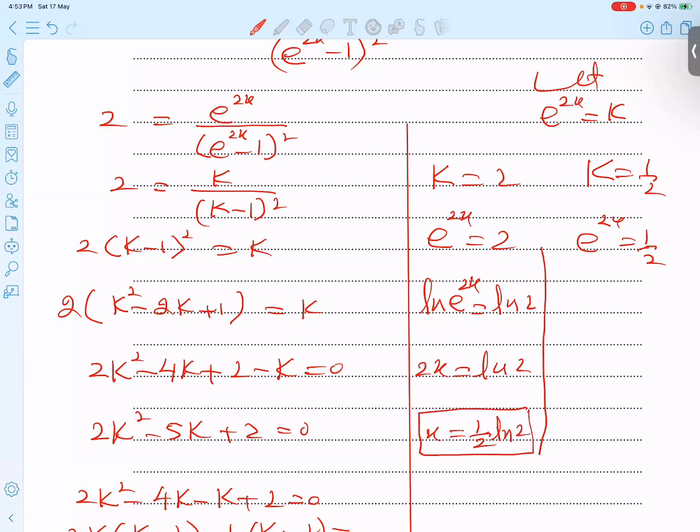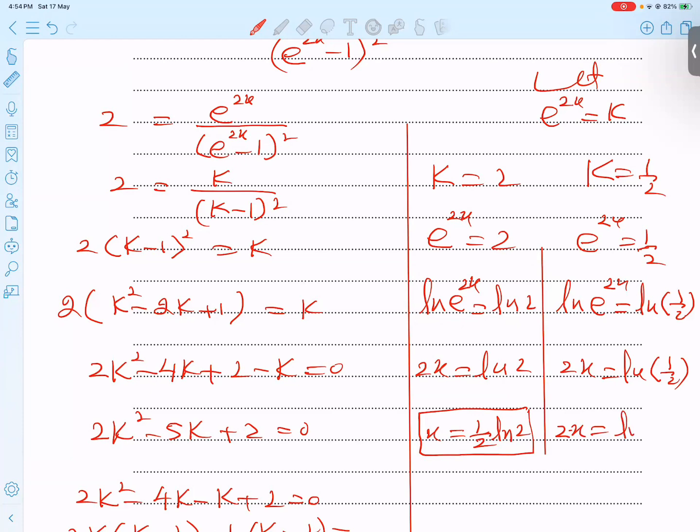So let's discuss the second part. I take ln of both sides: ln e to the power 2x equals ln of 1 over 2. So I got a 2x, and log of half.